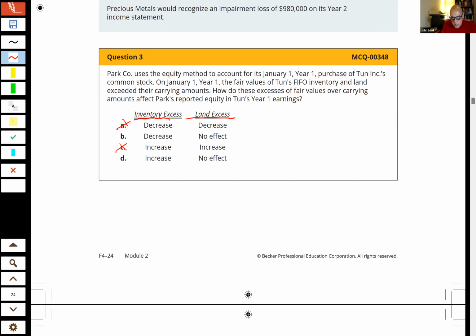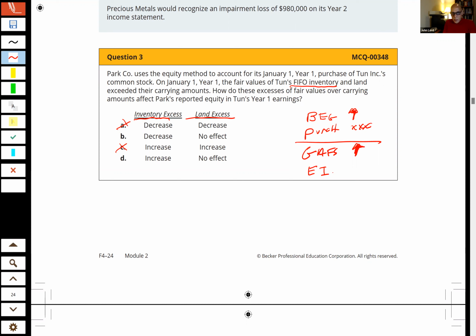So that was good. The inventory requires a little more thought. They tell us they use the FIFO method for the inventories. So that means that the beginning balance should have been higher because we would have considered the higher fair value. Whatever purchases were, I don't know, but that means that goods available for sale would be higher. The ending inventory is whatever it is at current market prices because we're using FIFO.